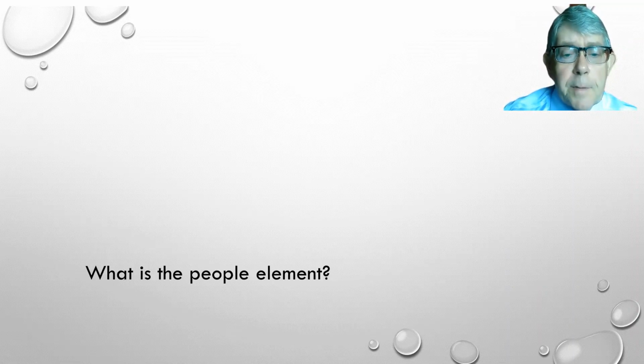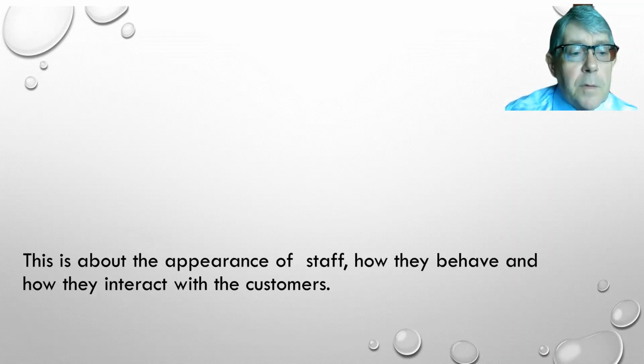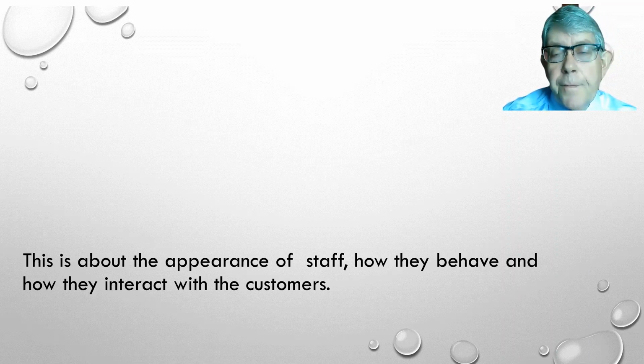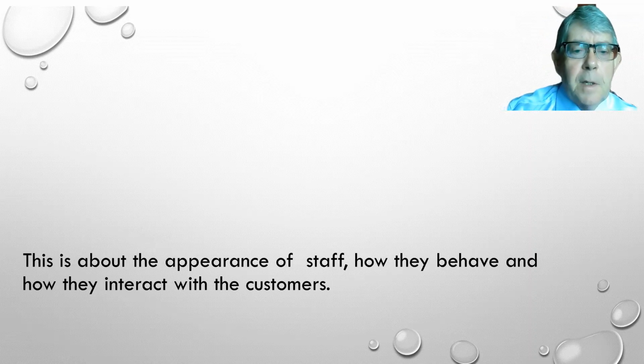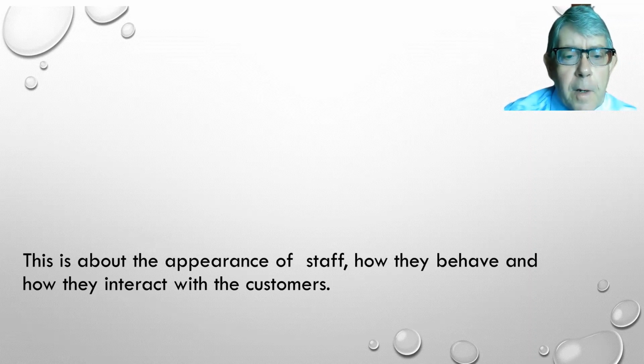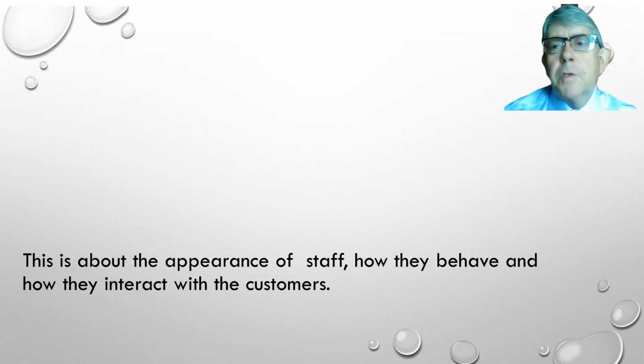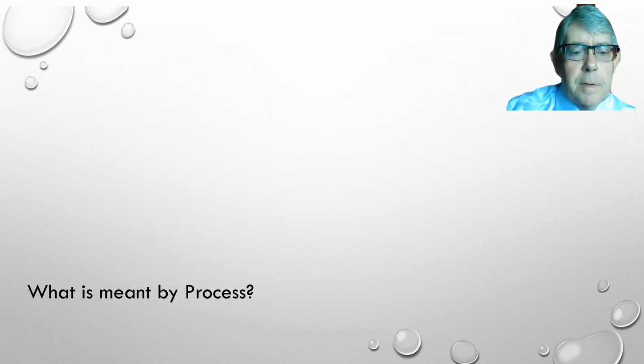What is the people element? This is about the appearance of staff, how they behave, and how they interact with customers. For example, Apple have developed the go-to manual on customer service in their shops.